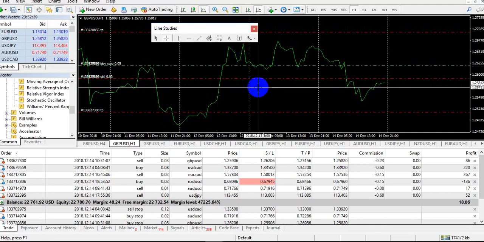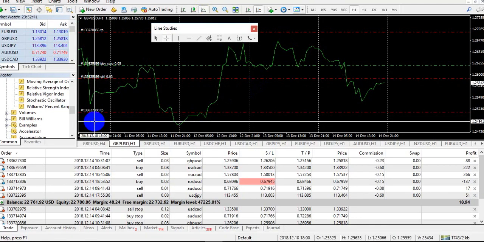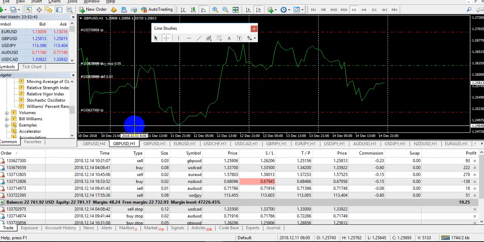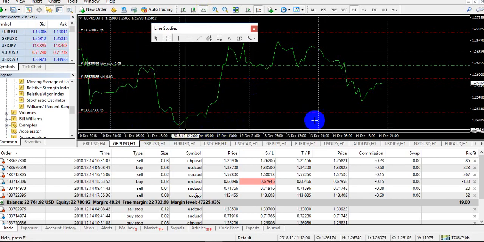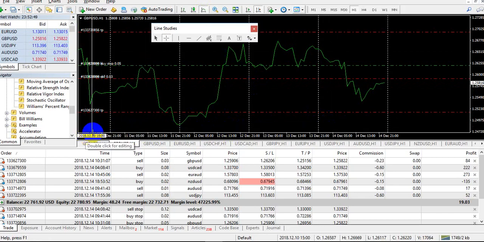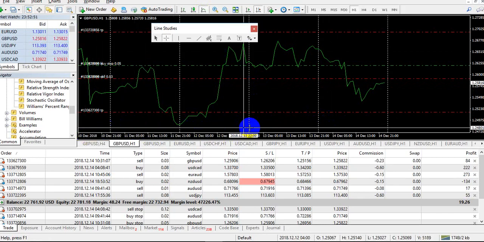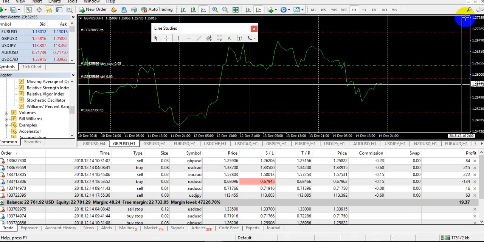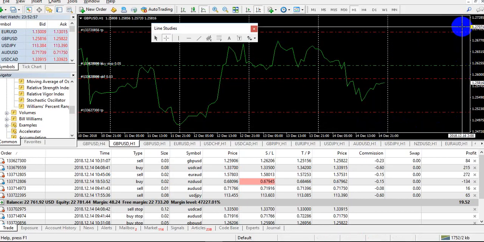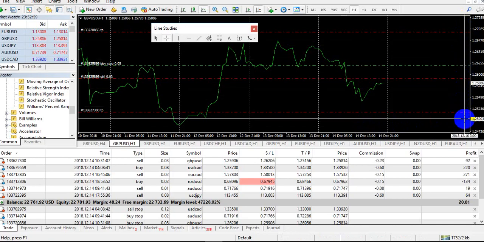All you're seeing here is simply a representation of what price is doing over time, because on the horizontal axis you see the progression of time, and on the vertical axis the calibration you see here is just price.